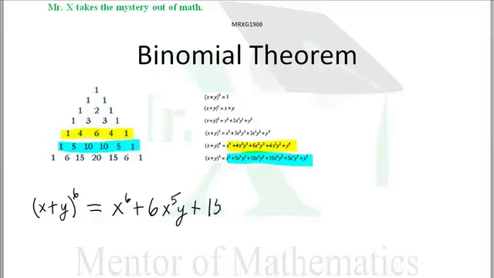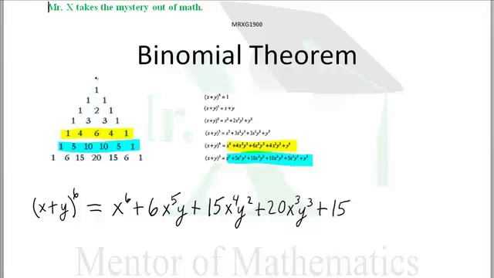Plus 15 is the next number. X to the 4th y squared. See the pattern? Plus a 20. X cubed, y cubed. Next term, 15. This 15 is this 15.